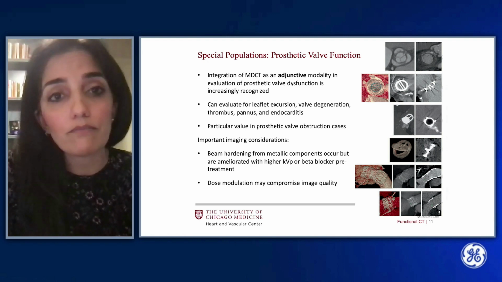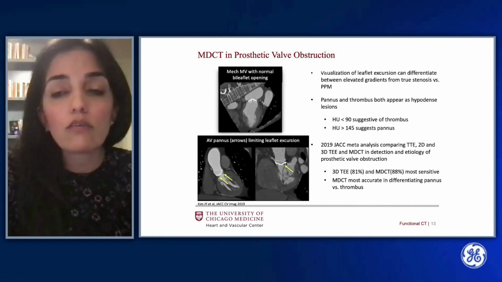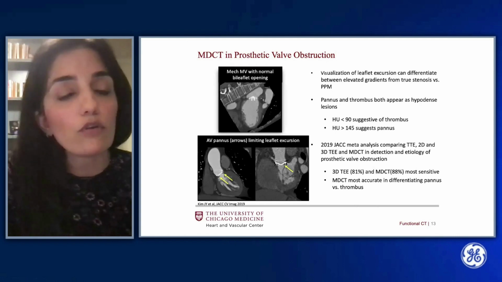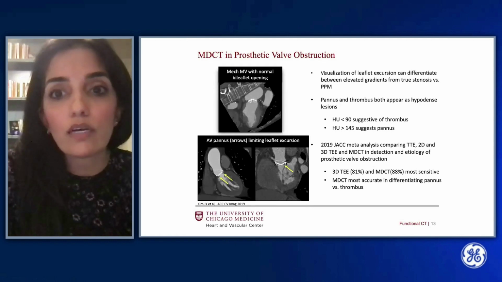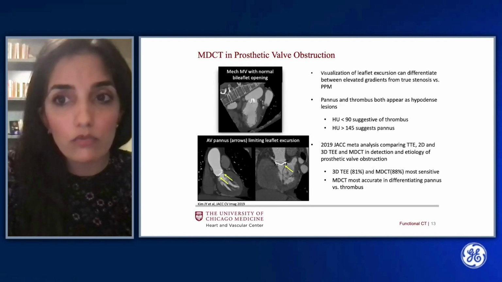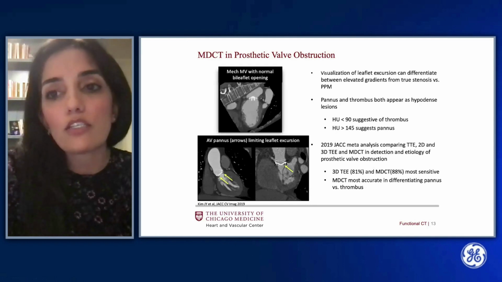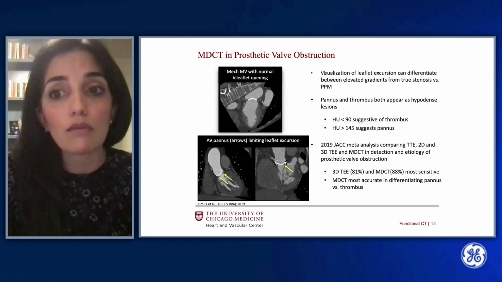The value of CT in prosthetic valve obstruction really lies in its ability to directly visualize leaflet excursion and in the differentiation of thrombus from pannus. As in the case of elevated gradients, true stenosis will typically demonstrate abnormal or restricted leaflet motion, but patient prosthesis mismatch will have presumably normal leaflet motion instead.